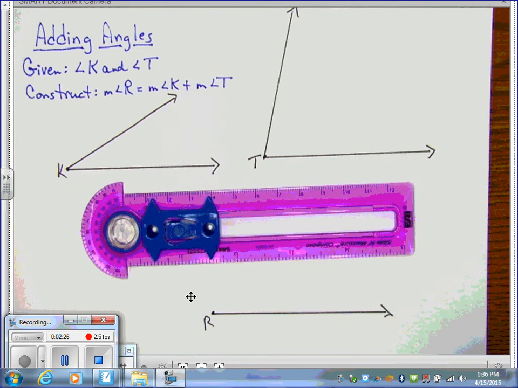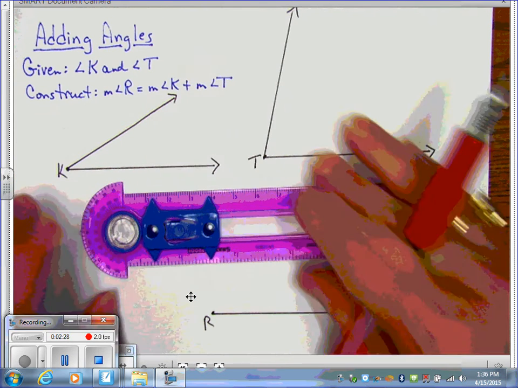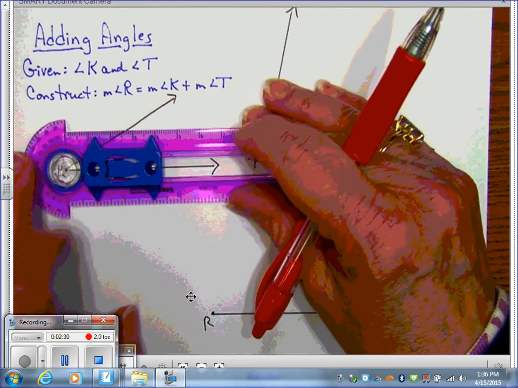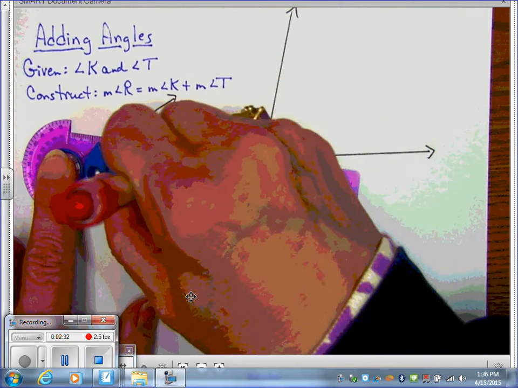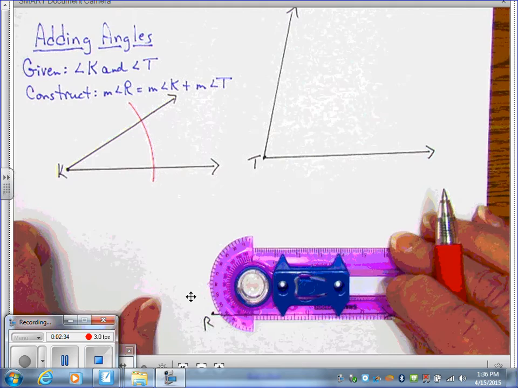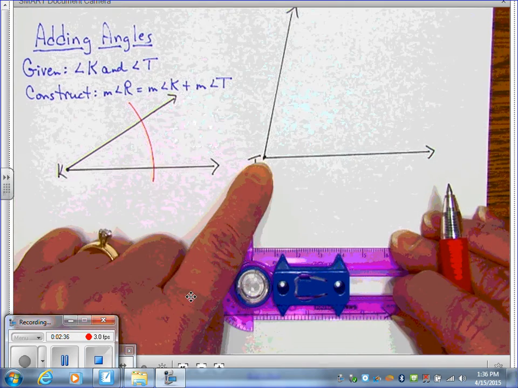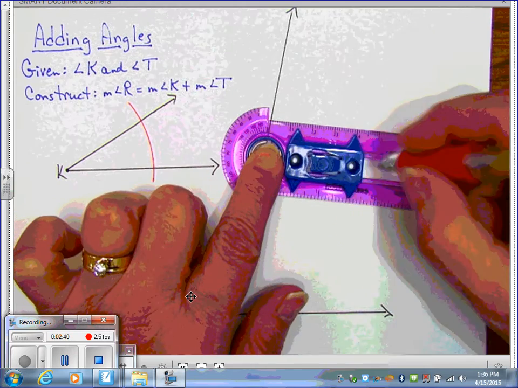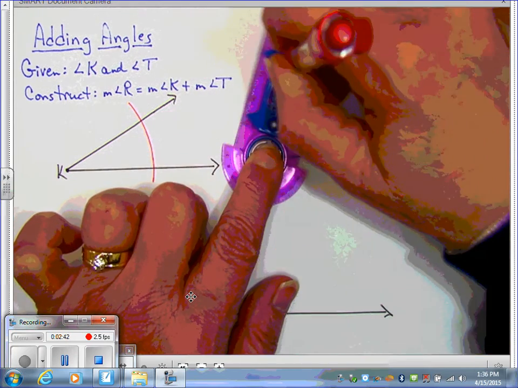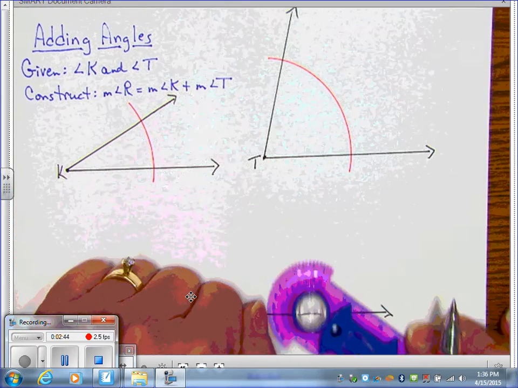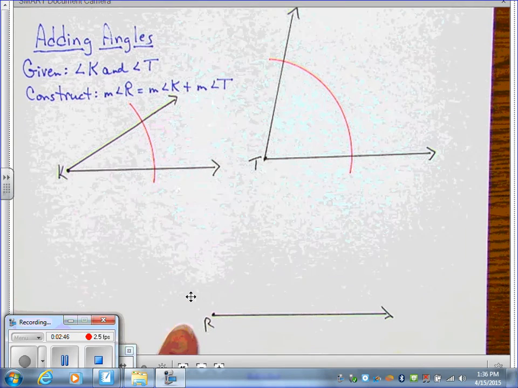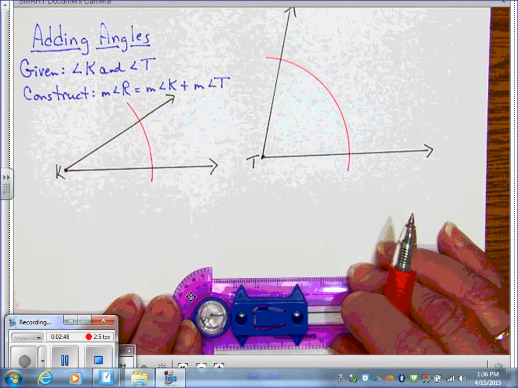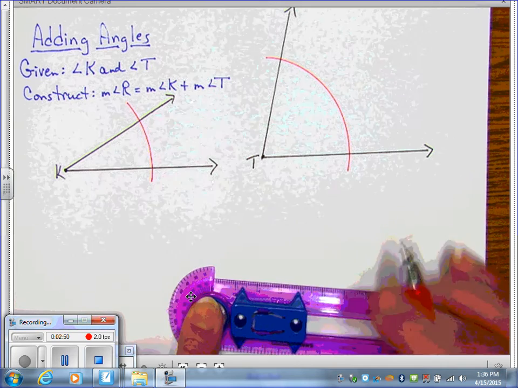All right, so we're going to use our favorite arc on K, and you're going to put it all the way across angle K, both sides. We're moving to T, going to do the same thing across both sides. And we are also going to do our favorite arc at R. So you're doing your favorite arc 3 places.